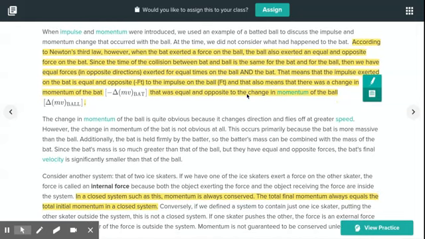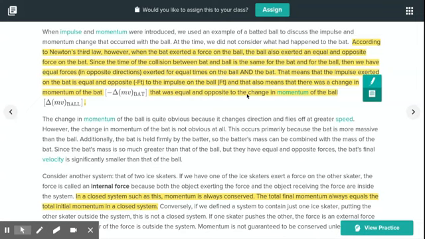So the change in momentum of the ball is quite obvious because it changed direction and flies off at greater speed. However, the change in momentum of the bat is not obvious at all because the bat is heavier. So due to our momentum equal mv, right?